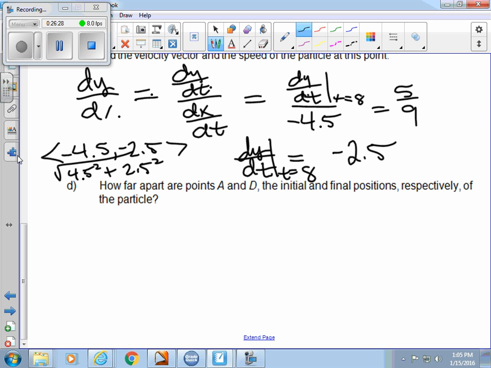How far are points A and D, the initial and final positions, respectively, of the particle? How far apart are they? So if I'm asking how far apart, what kind of question is that? Distance. So I'm going to do the integral.